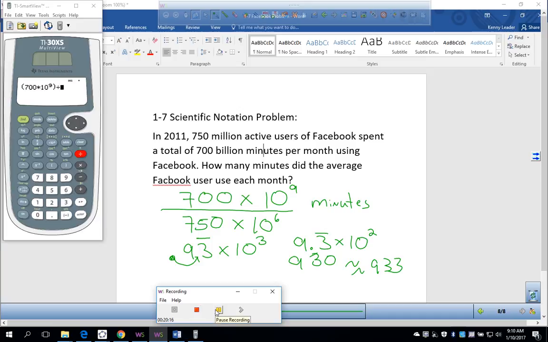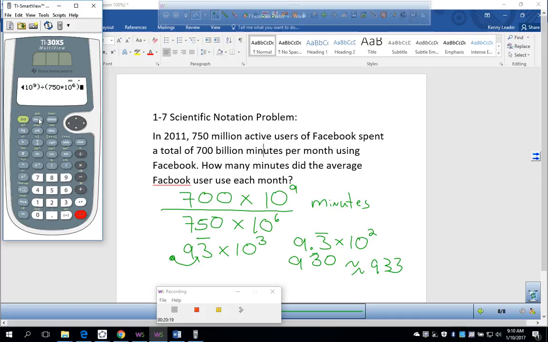Alright. Okay. And then in parentheses, I would put 750 times 10 raised to the 6th power. And then arrow over to close the parentheses, hit enter, you get 933. I think you can change this into scientific notation.